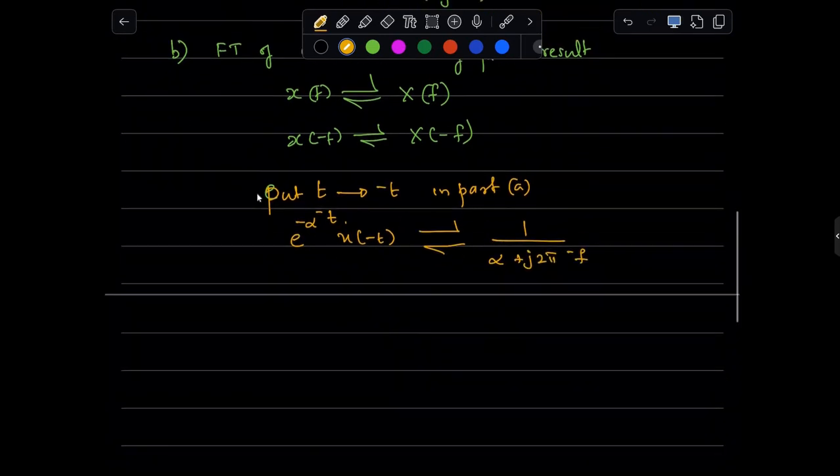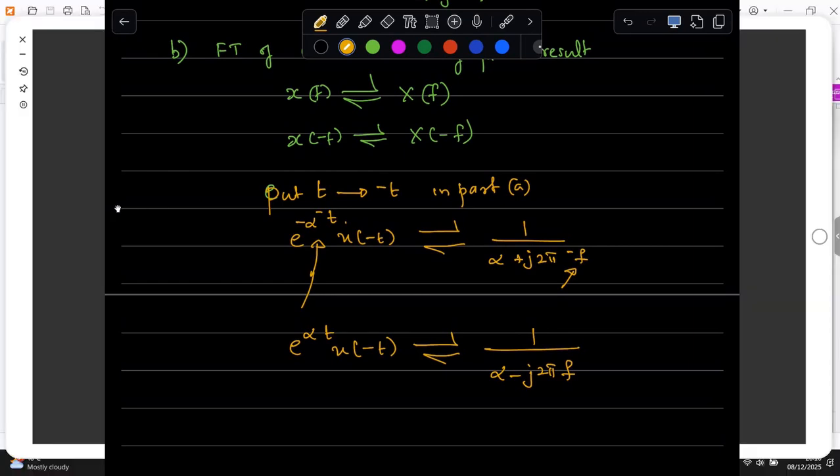Minus of minus becomes plus, so e power alpha t into u of minus t has the Fourier transform 1 over alpha minus j2 pi f. So this is the result.